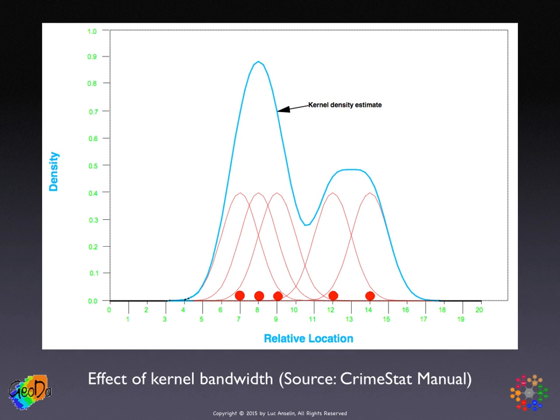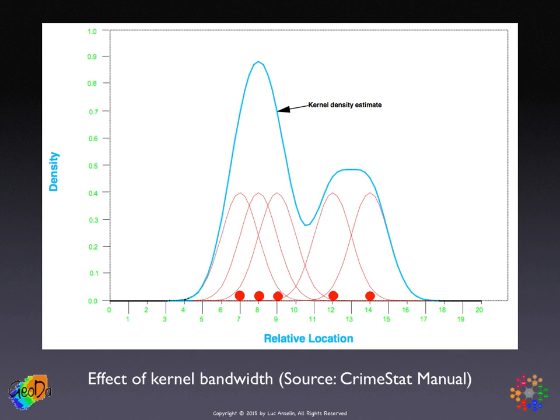So now we still have a bell-shaped curve centered on each of these points, but the bandwidth is much smaller. So we get a much higher spikiness of the kernel density or the kernel intensity, and we get a spike over the 3 points and then another spike over the 2 points.